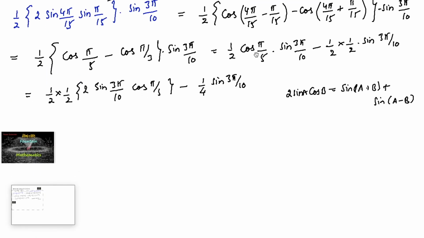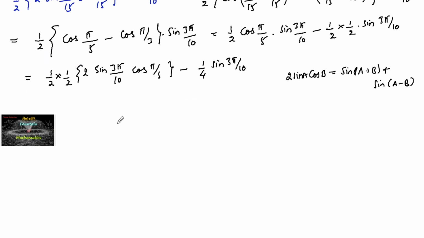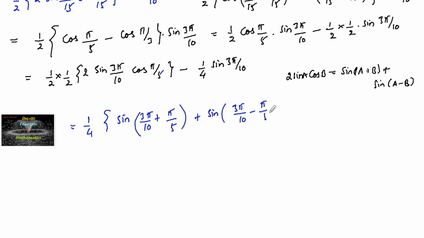So we can substitute here: 1 by 4 times sin of (A plus B), that is 3 pi by 10 plus pi by 5, plus sin of (A minus B), that is 3 pi by 10 minus pi by 5, minus 1 by 4 sin 3 pi by 10.